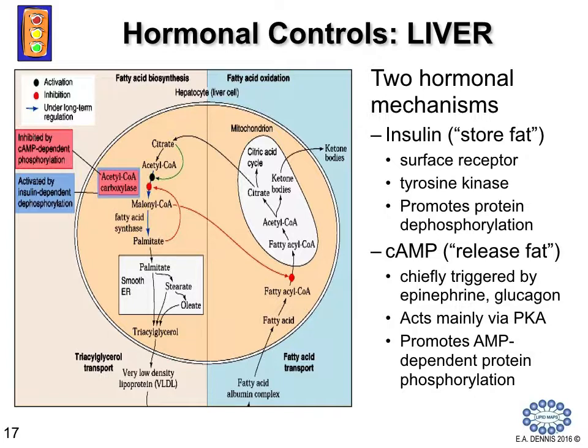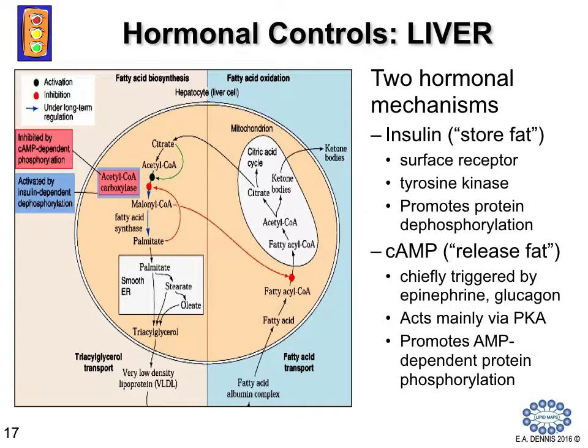Acetyl-CoA carboxylase, which we introduced in the first lecture, is a key enzyme for the synthesis of fat, and it is inhibited by cyclic AMP-dependent phosphorylation, so that one, instead of storing fat, promotes the usage of fat.